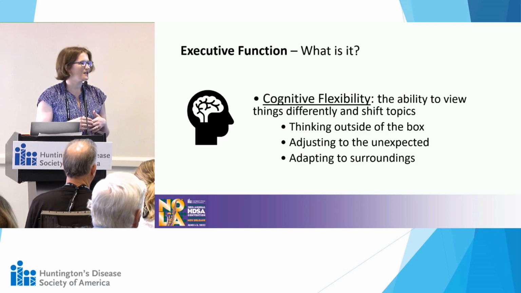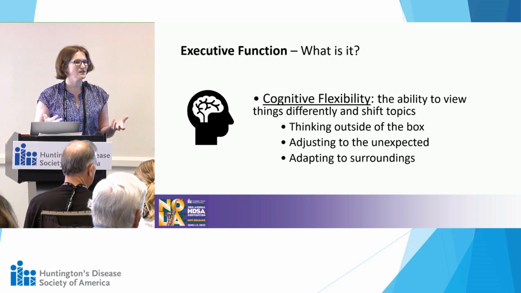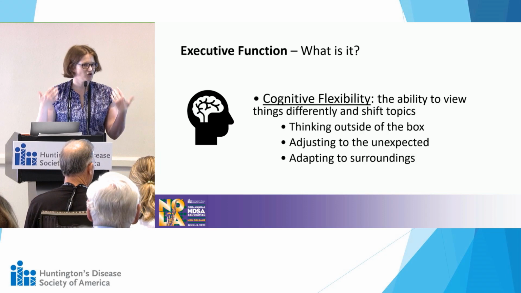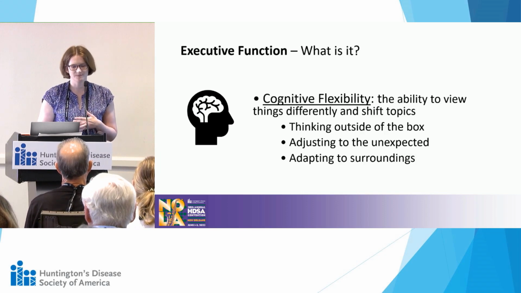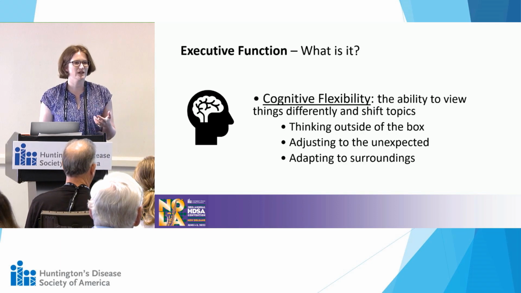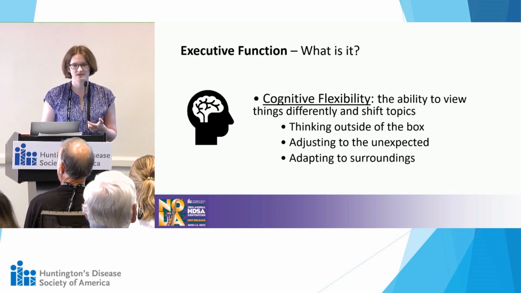It gives us the ability to think outside of the box and to kind of adjust to the unexpected, right? Adjust to a change in our normal routine. And it really helps us to think creatively and to problem solve as different situations arise.